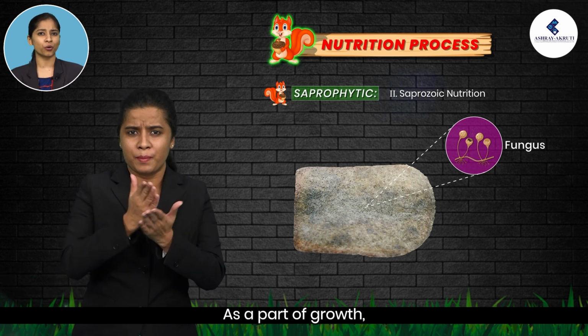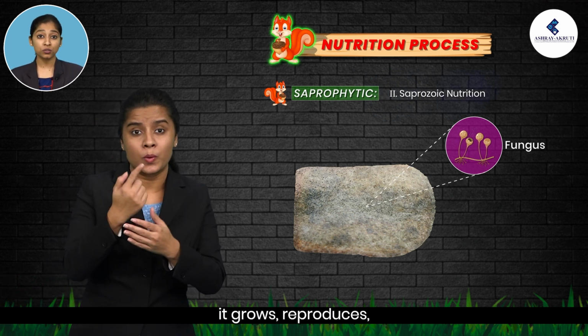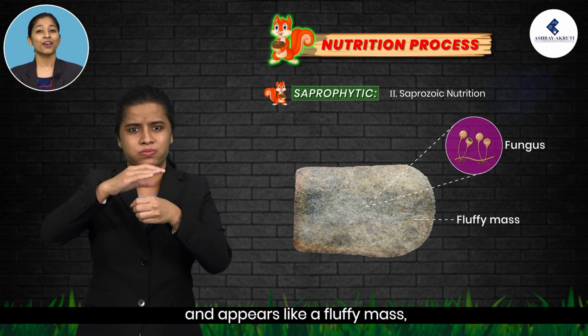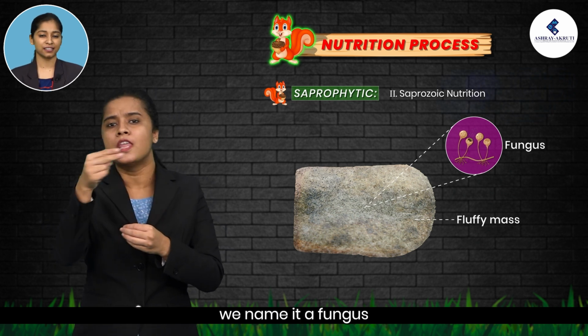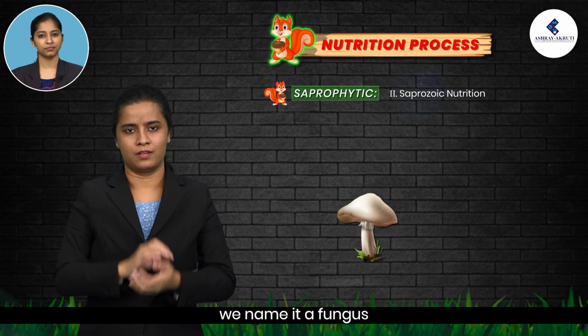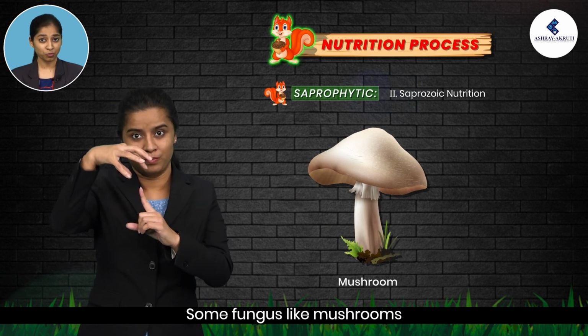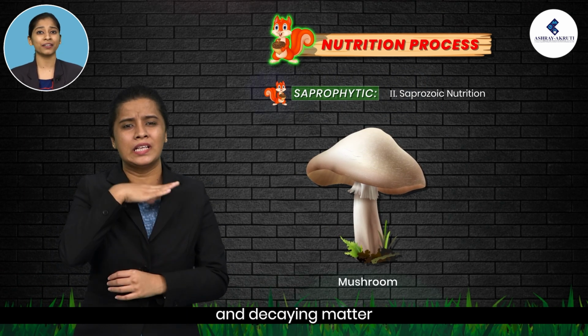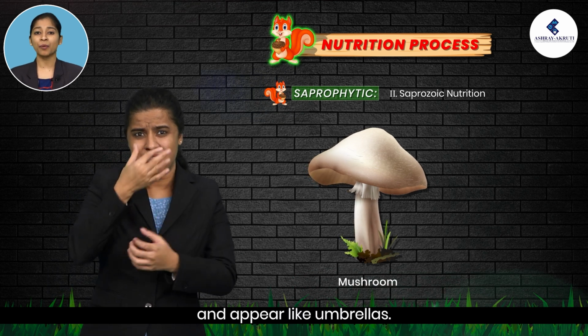As a part of growth, it grows, reproduces and appears like a fluffy mass. We name it as a fungus. Some fungus like mushrooms suck all the nutrients of the dead and decaying matter and appear like umbrellas.